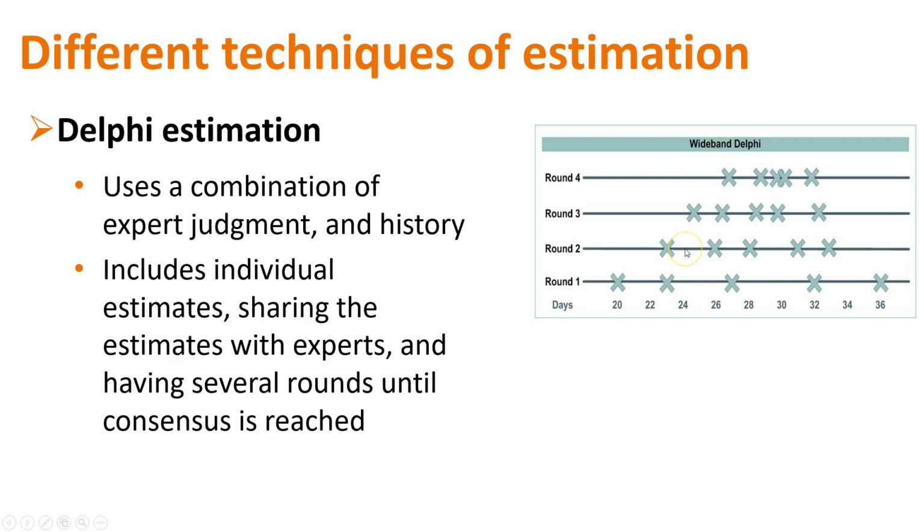And then they vote again. And if it's still too disparate, they discuss, and then they vote again. They do that until the band is less wide, until the band is something that is reasonable. And then once that happens, you take the middle, right? So you go with kind of the middle of that final range of estimates. So that's Delphi.